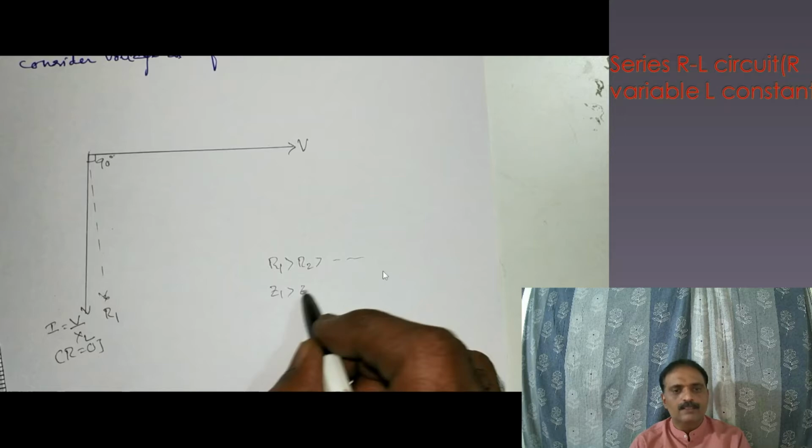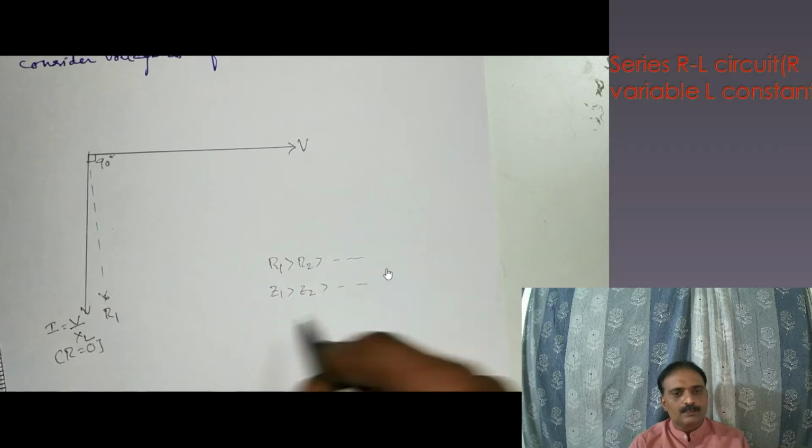As resistance increases, obviously the impedance of the circuit also increases, and as the impedance increases, the current is going to decrease. Here this is the maximum current we are going to have, and slowly as the resistance increases, the impedance also increases and the current decreases. So here the length of the vector has been reduced compared to the previous one. Next, for R2, as it is greater than R1, again the current is further reduced here.